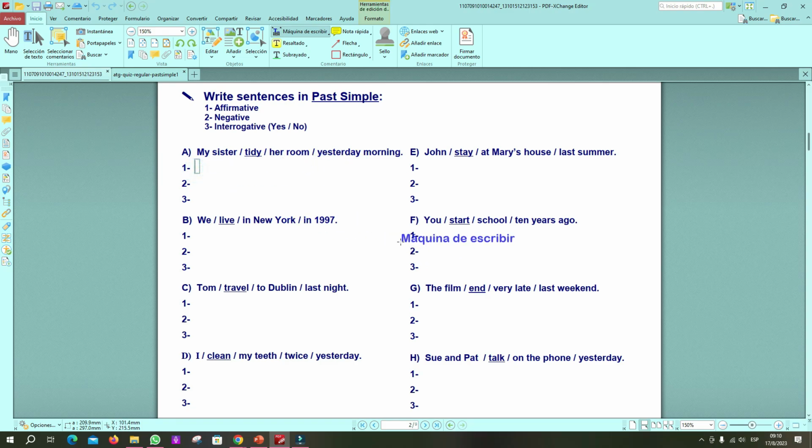So, if you want to write that sentence, but in past, you're going to use this. So, my sister tidy, because you have here what? Consonant Y, right? So you need to change the Y to I and an ED.